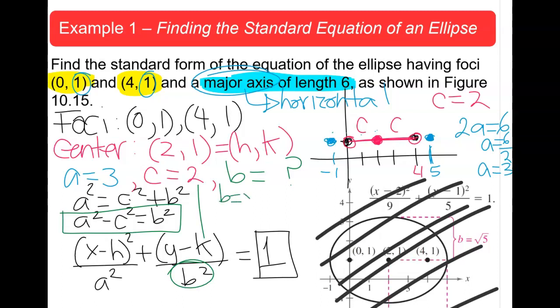So b is going to be the square root of a squared minus c squared. At this point we know that a is equal to 3 right here, so I'm going to do the substitution. I'm going to put 3 squared instead of the a squared.